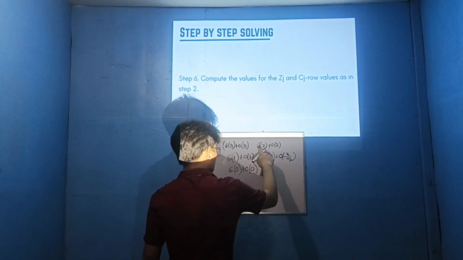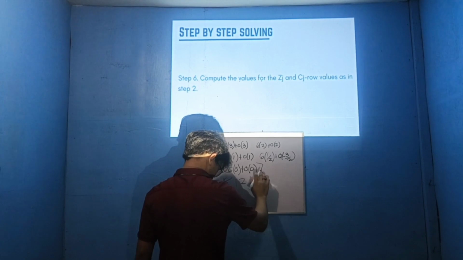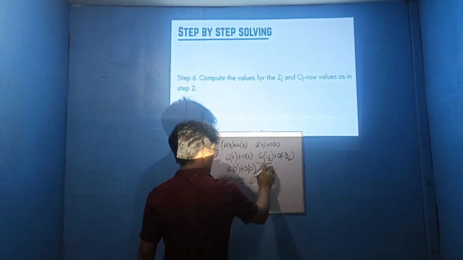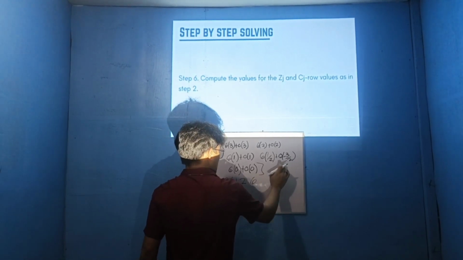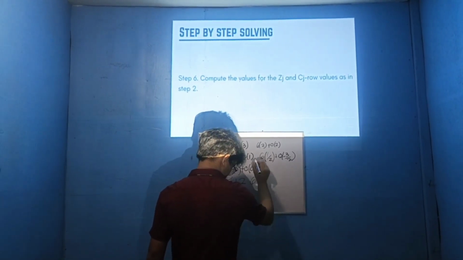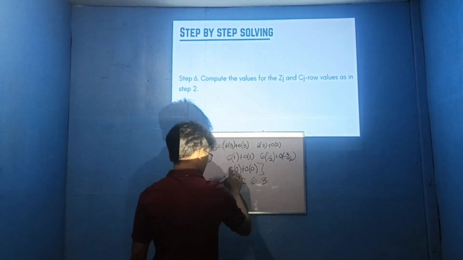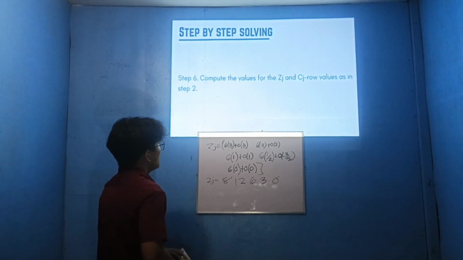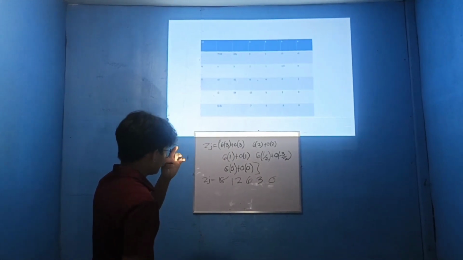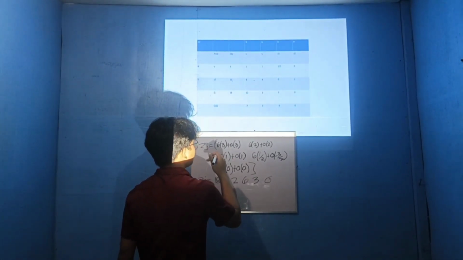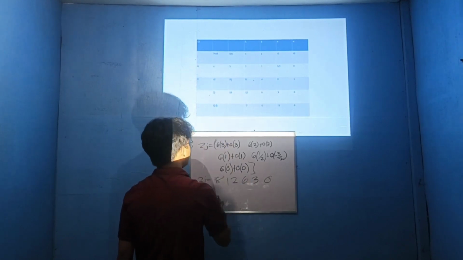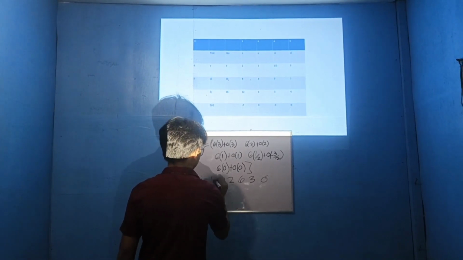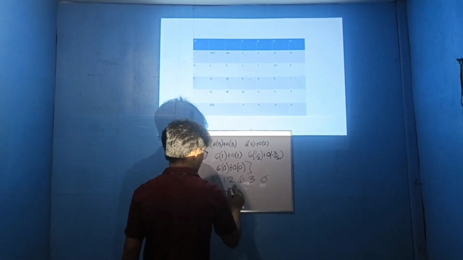6 times 2 is 12. And our 6 times 1 half plus 0 times negative 3 over 2 is 3. And our 6 times 0 plus 0 times 0 will be 0. And for our cj values, we need to subtract our zj. We need to subtract 5 minus 12, and we will get negative 7.